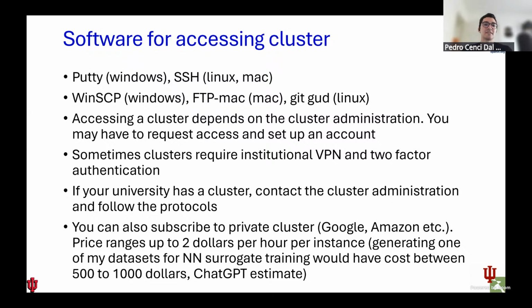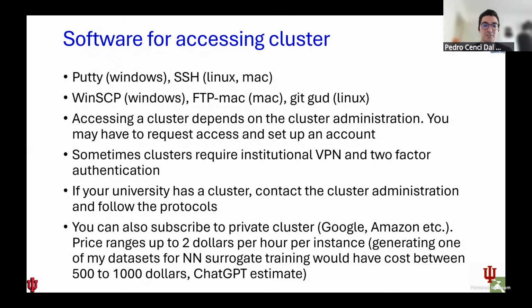So accessing the cluster depends on the specifics of the cluster. And what I'm going to show you here is only valid for my specific case. You can also subscribe to a private cluster. For example, Google and Amazon provide cluster service, but it can be quite expensive.